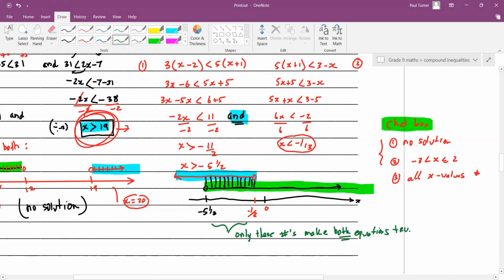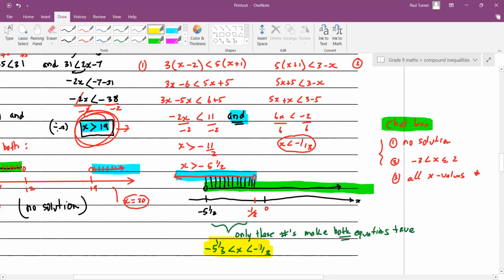So we can rewrite our answer as negative 5 1/3 less than x less than negative 1/3. Let's make it yellow. So that's your final answer.